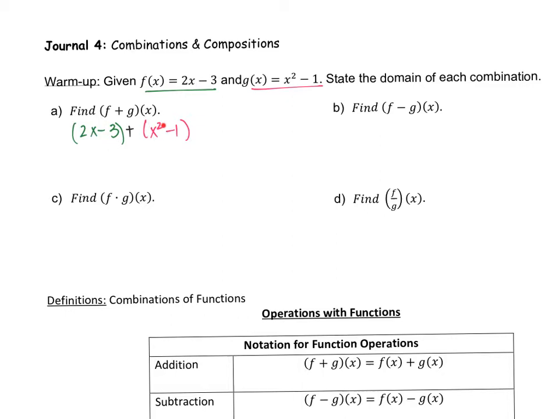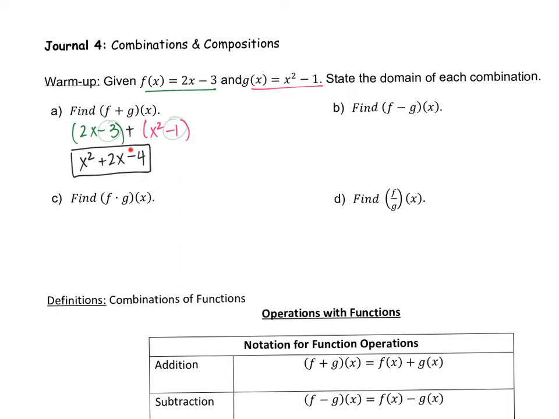So I have an x squared, but I don't have any other x squared, so I just have an x squared that comes down. I have a 2x, but it's the only x that I have, so I have a plus 2x that comes down. But I do have a negative 3 and a negative 1, so those two can combine to give us, well, negative 3 minus 1 is negative 4. And so that is my final answer.